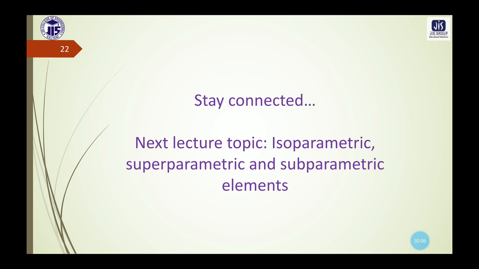Regarding this concept, we have discussed two different numericals based on two dimension and one dimension in case of the natural coordinate system. This is the end of this lecture, and in the next lecture we will discuss the isoparametric, superparametric and subparametric elements.